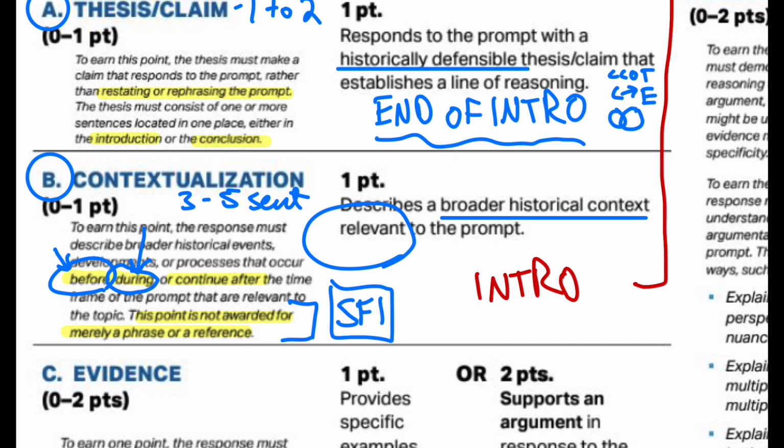So if your essay is on comparing and contrasting Islam and Christianity and their spread, right? You might give context by talking about the founders of each religion. Well, if you just said some dude in Jerusalem founded Christianity, that's not going to be very specific factual information. If you said that the Prophet Muhammad founded Christianity, well, that'd be specific, but it wouldn't be factual information. You've got to give me some proper nouns or some vocabulary terms that help to set the stage.